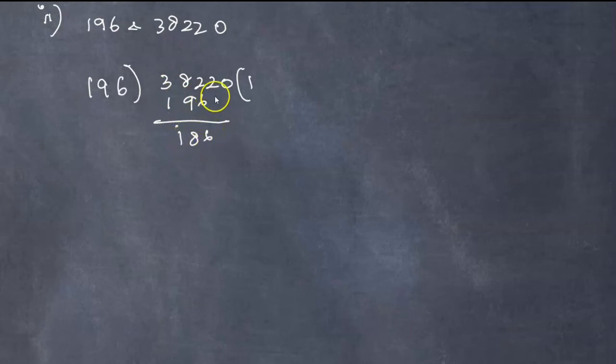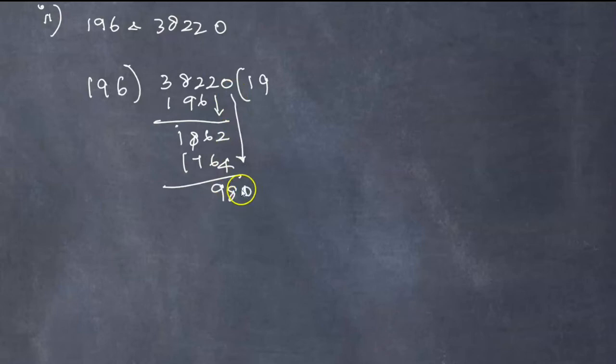681 and bring this down here and 9 times it will be 1764. So when you subtract this 4 it is 8 and 6 it is 15, so 9 and bring the 0 down here, so 980.